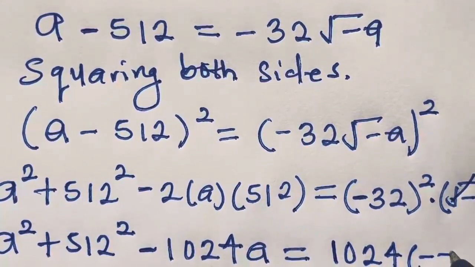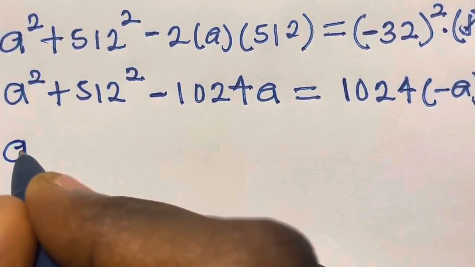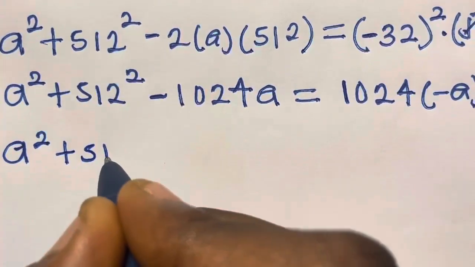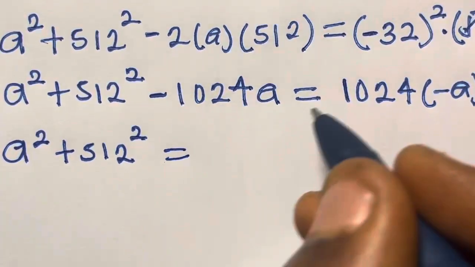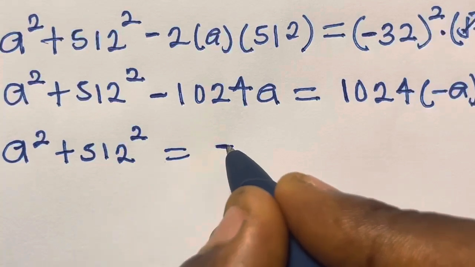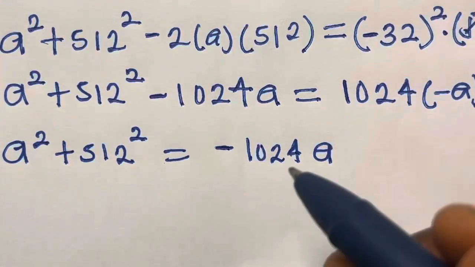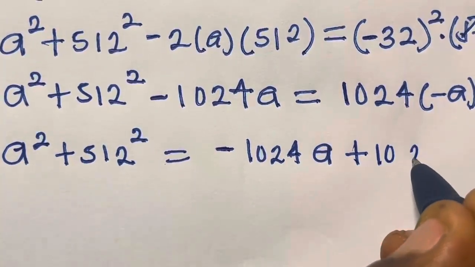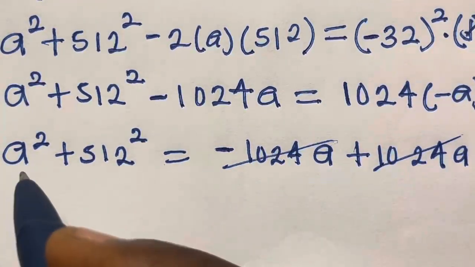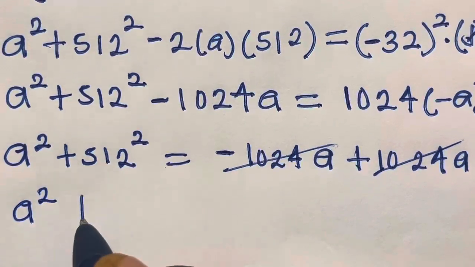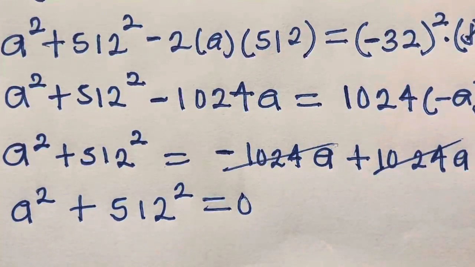So we have a squared plus 512 squared equals minus 1024a. Then transfer this here, we have plus 1024a. You see that this cancels this and that becomes 0. So we have a squared plus 512 squared equals 0.